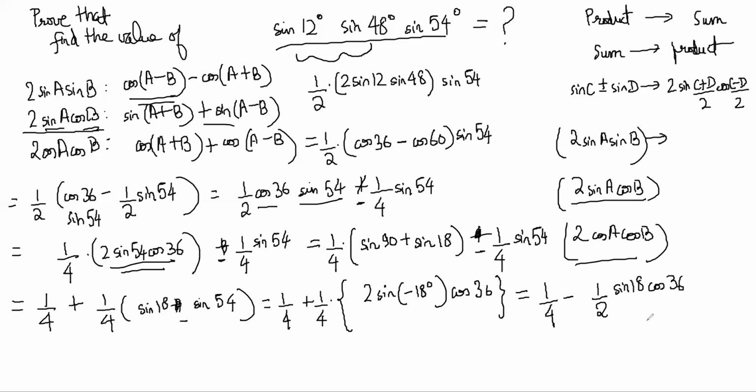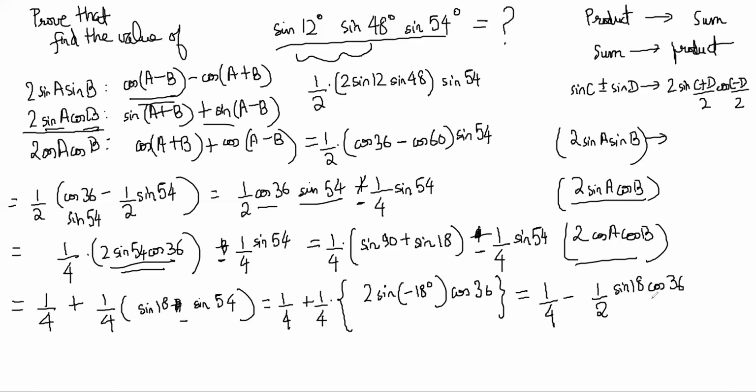Correct. This is what we have, no? Okay. So how will we get a value for this? The good thing about this is 18 and 36 are related. There is one 36 degree and one 18 degree. So something could happen here.